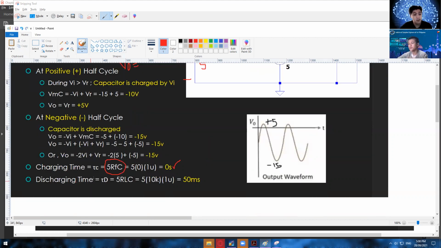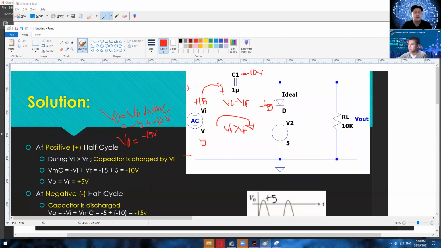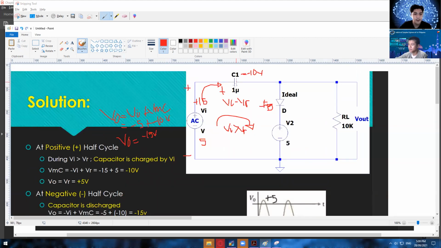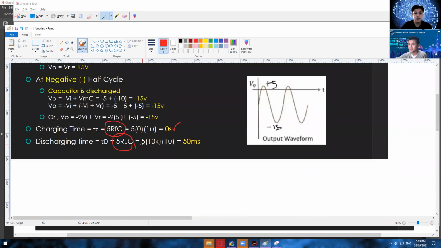And then for the discharging time, we can just use this formula, 5 times RL times C. So 5 times 10K, this is the load resistance, 10K, and then 1 microfarad for this capacitance. Then just use your calculator. 5 times 10K times 1 micro is equal to 50 milliseconds.